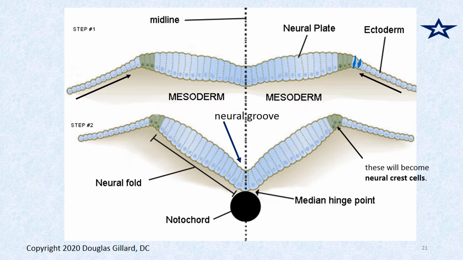And so we have ectoderm cells, run-of-the-mill ectoderm cells, growing in this direction. And you can see what that's going to do. I don't have a three-dimensional model, but if we are increasing the size and growing these cells this way, this thing has to bend downward. And so this inward growth of ectoderm cells is assisting the bending and the formation of the neural tube here.